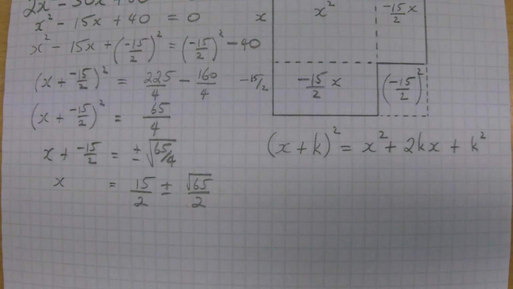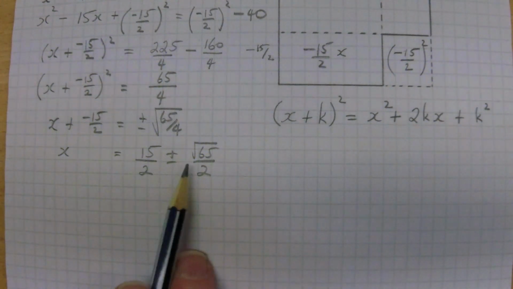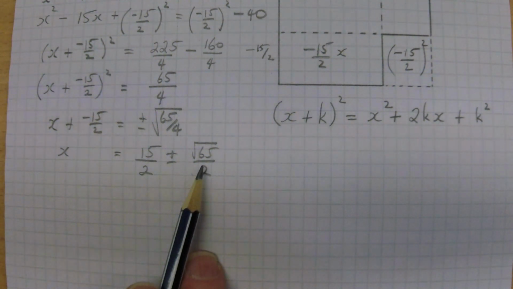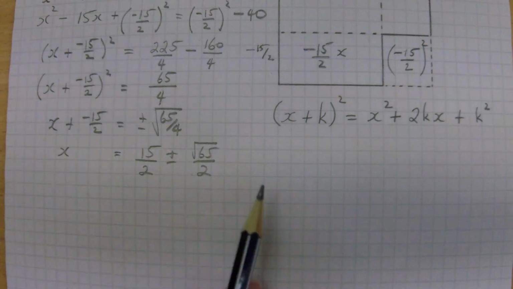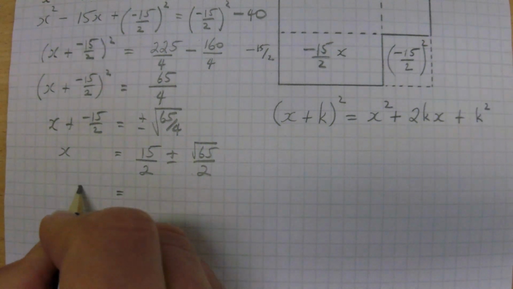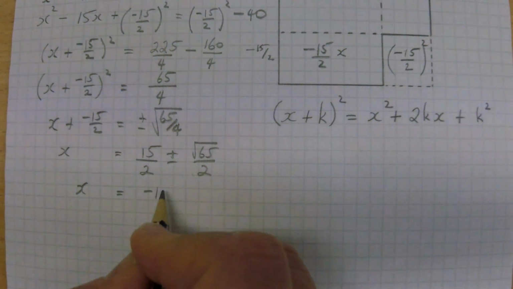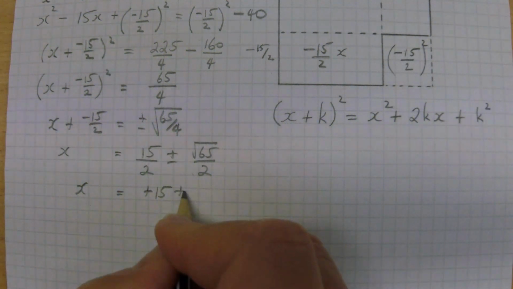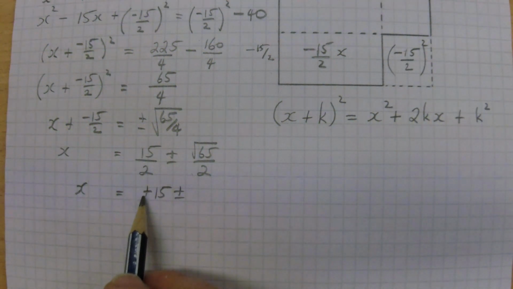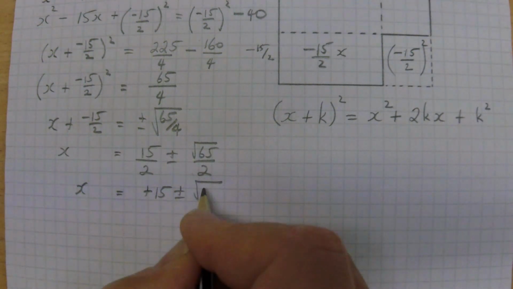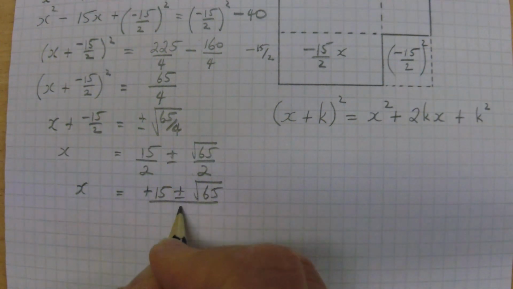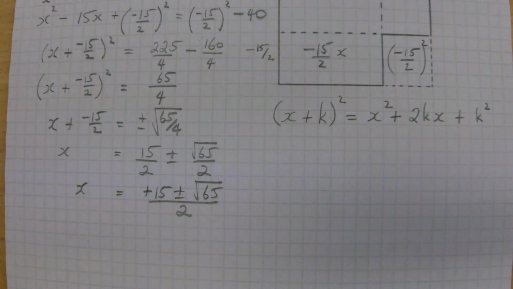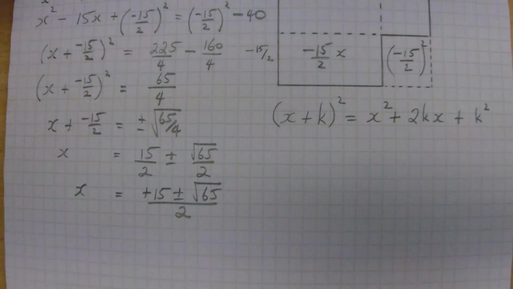Root 65 is not a perfect square and it can't be simplified. If it could be simplified, still using surds, I would have done so. And finally then we would say positive 15, plus or minus root 65, all divided by 2. There's the solution to our quadratic.